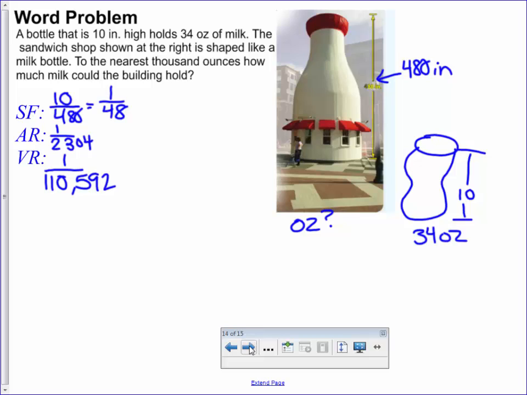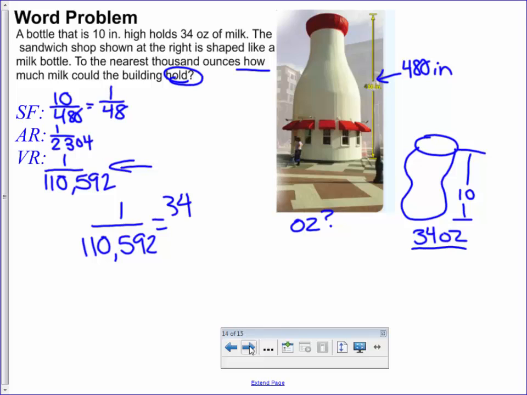Well, if we're trying to figure out how many ounces it could hold, that's actually speaking about volume. So we're going to use the volume ratio to figure this out. So go ahead and set up your proportion. We know that this one holds 34, so I'm going to put 34 on the top. And we're trying to find what the sandwich shop would hold.